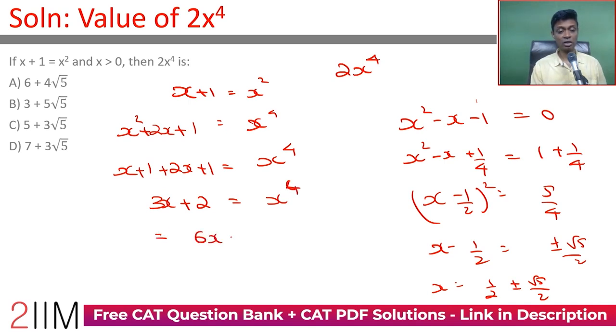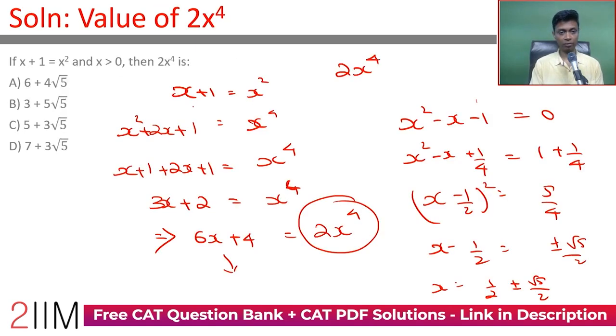Or 6x plus 4 equals 2x power 4. We only need to find this. x is 1 plus root 5 whole by 2. We want to find 6x plus 4, where x is 1 plus root 5 by 2. 6 into 1 plus root 5 by 2 plus 4.